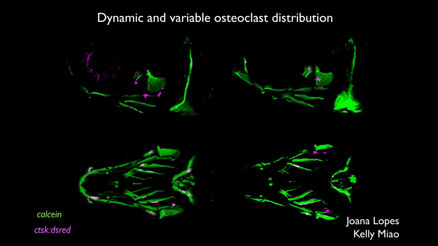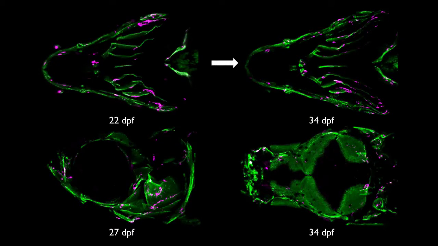As you can see here, the cells are sparse and scattered, and their positions vary both from one fish to another. This is showing two different individuals at the same stage, and also across time within individual fish.